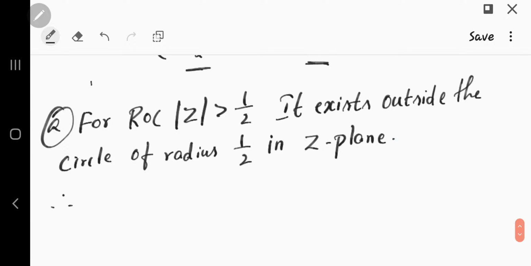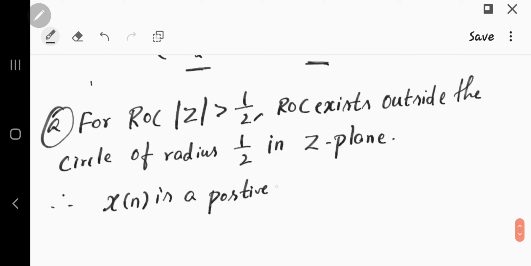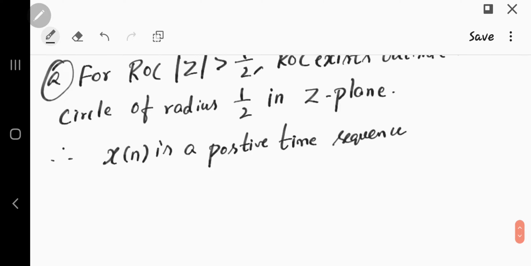Therefore, which exists means ROC. So ROC exists here. Therefore, x of n is a positive time sequence.